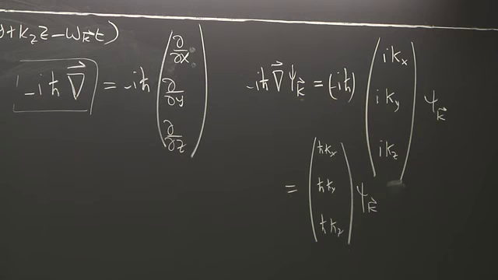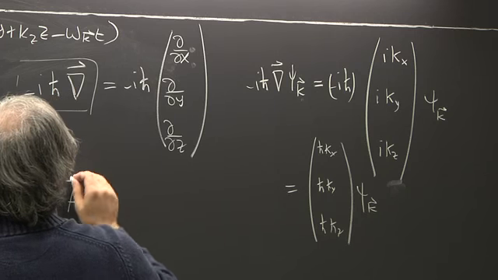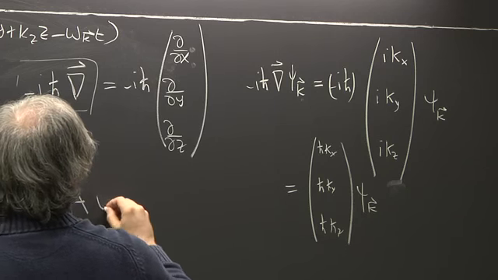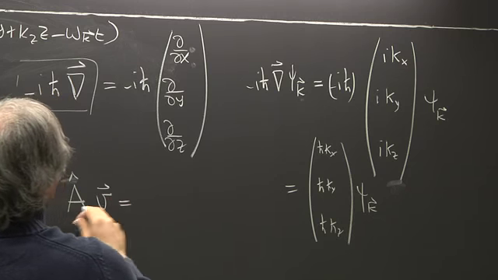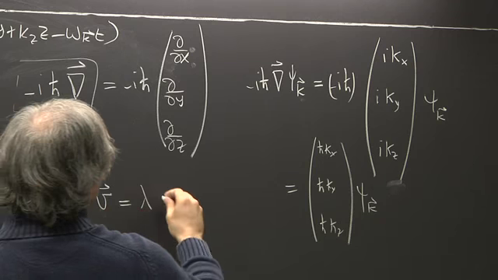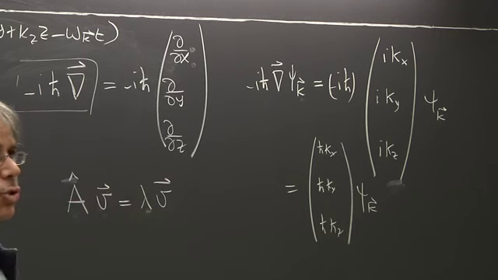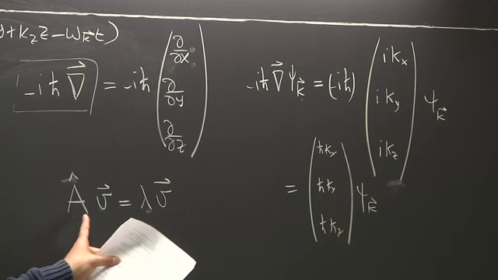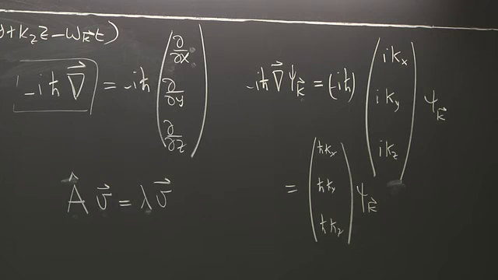Okay? So probably this is something familiar: whenever you have an operator, call it A, and a vector such that the application of the operator to the vector brings some number times the vector, then you say that this object is an eigenvector of the operator, right? This is a linear algebra type of concept.